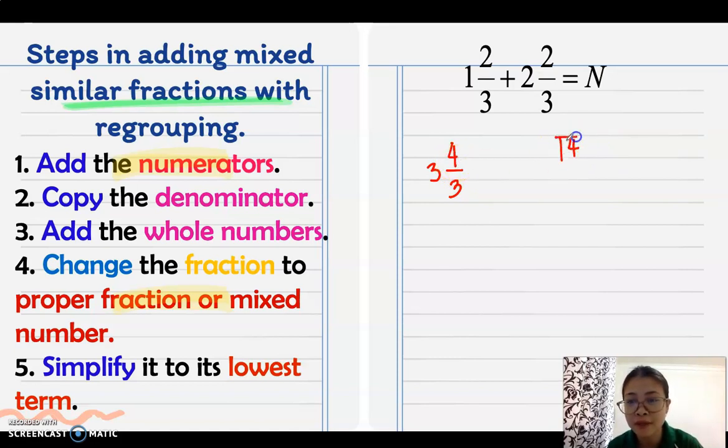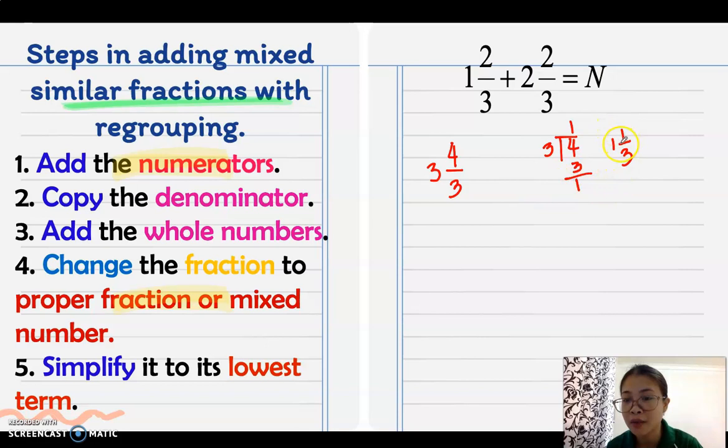4 divided by 3 is 1. Then 1 times 3 is 3, remainder 1. So 4/3 is equal to 1 and 1/3: 1 for the quotient, 1 for the remainder as part of the fraction, and copy the denominator, which is 3.